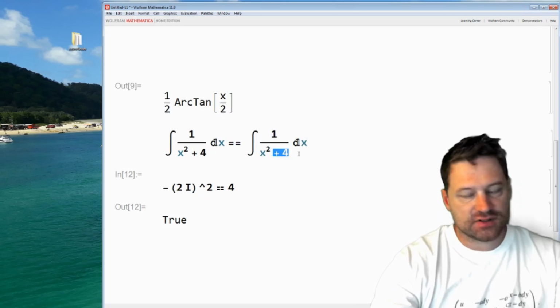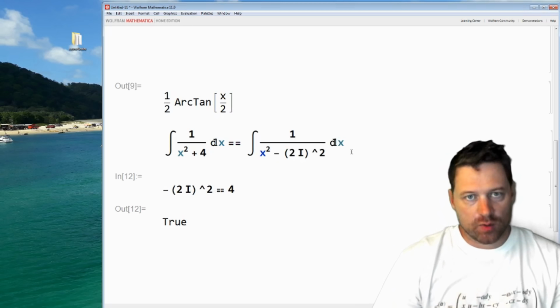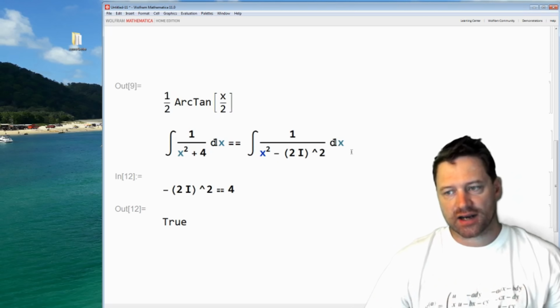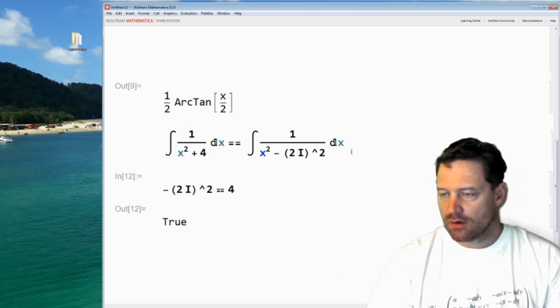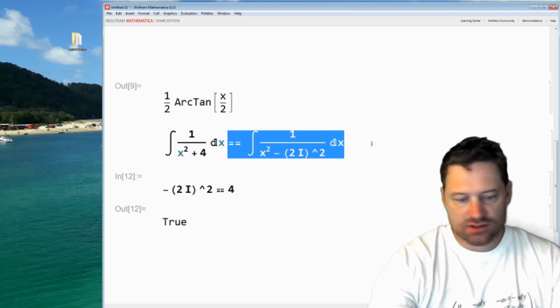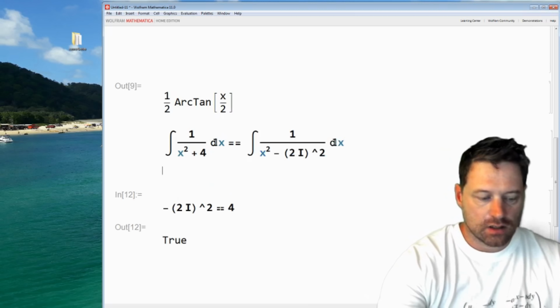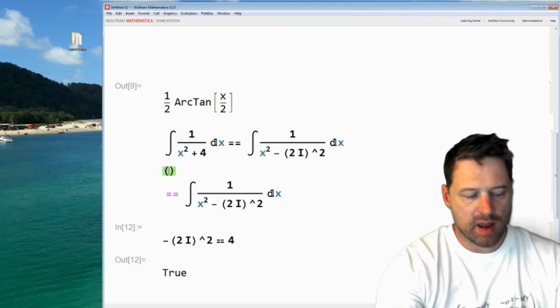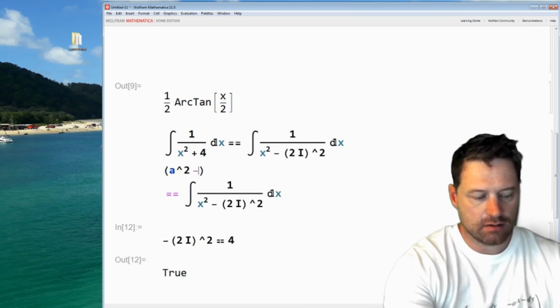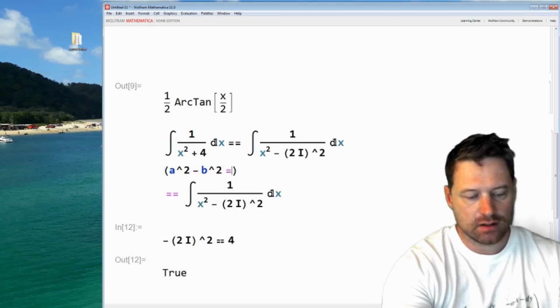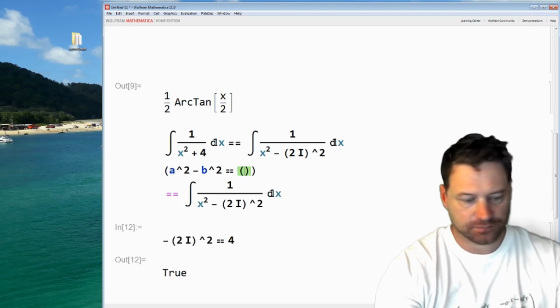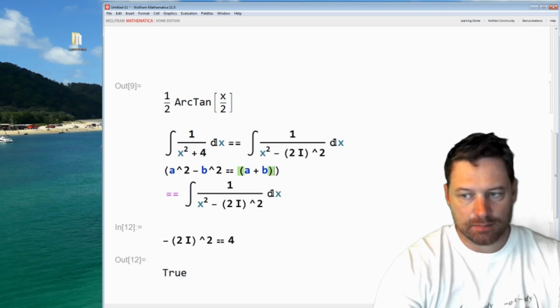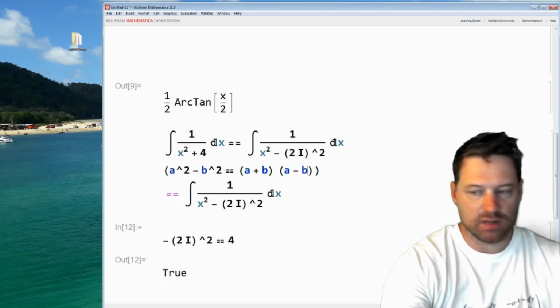That says that we can express this denominator as the difference of two squares. And why do we want to do that? So that we can factorize this denominator. Now let's do that. What we need to notice is that, remember, a squared minus b squared is equal to a plus b times a minus b.